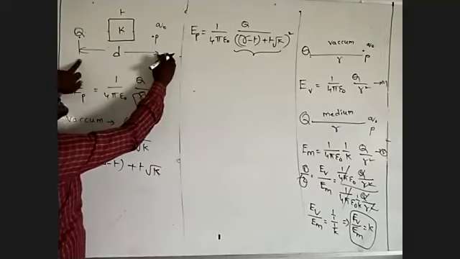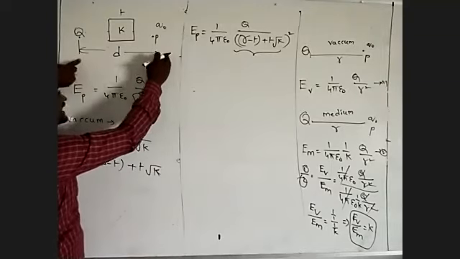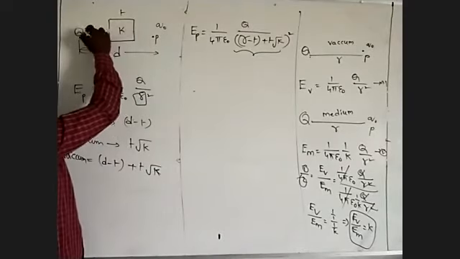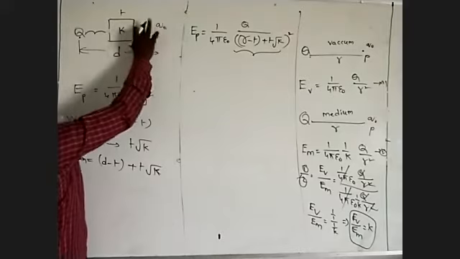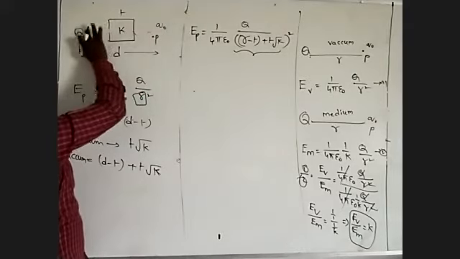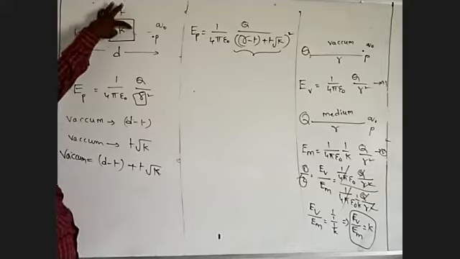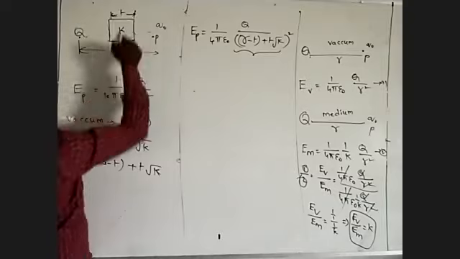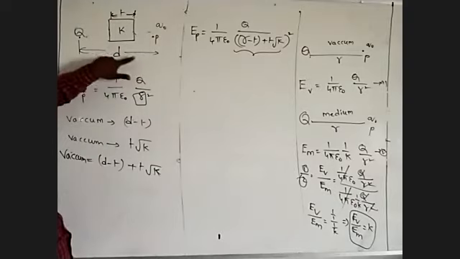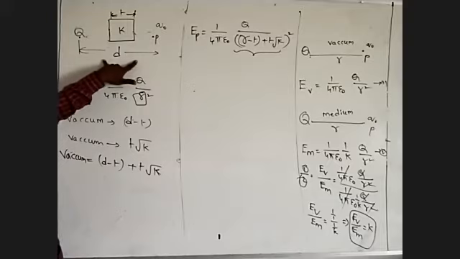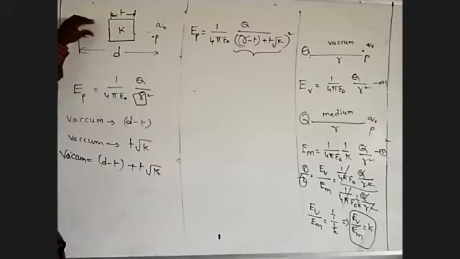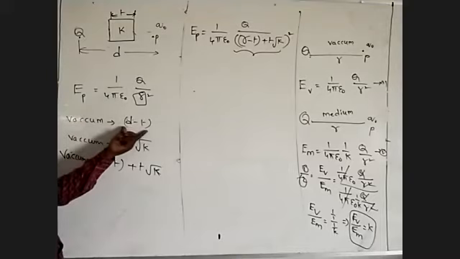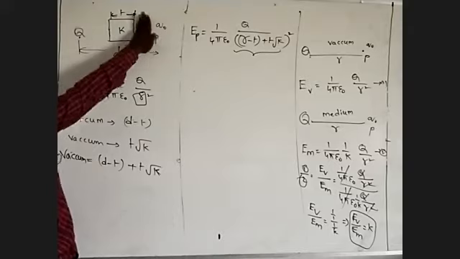The distance between the two charges is D. The remaining part is vacuum, and this small part is the medium, whose thickness is T. The distance between the two charges is D. For the remaining part, I want vacuum: D minus T means vacuum.